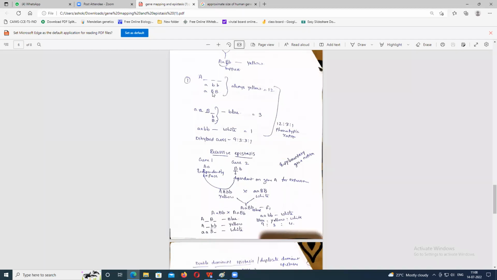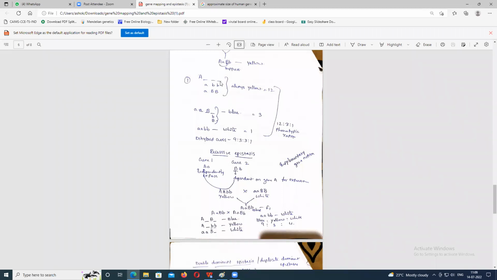Small a, small b, capital B, capital A, capital B, whatever. If capital A is present, it will always give a yellow color flower. Why? Because A is dominant over B. If capital A is absent and only capital B is present, then the color will be blue.